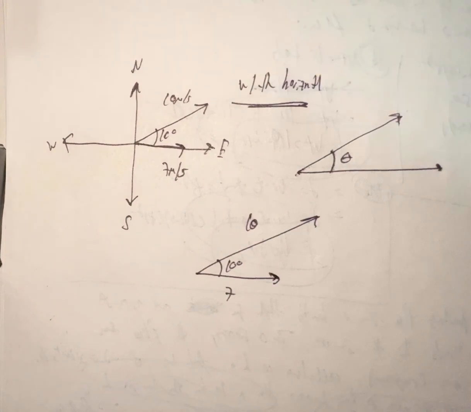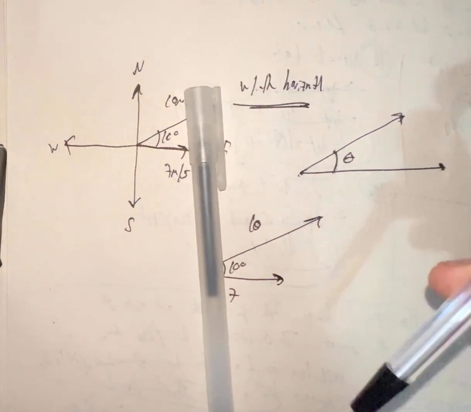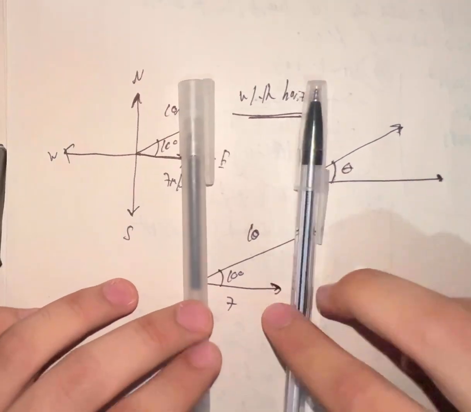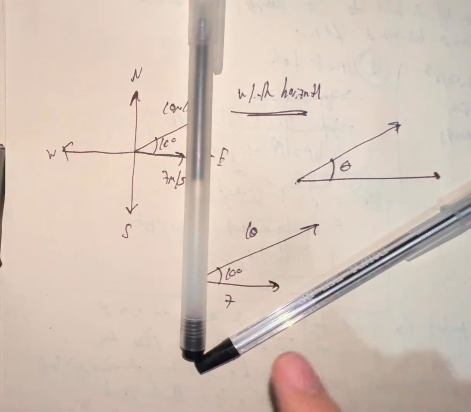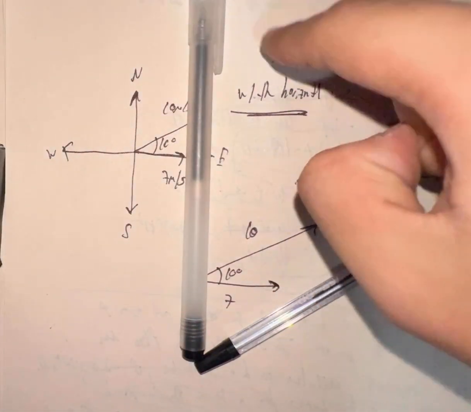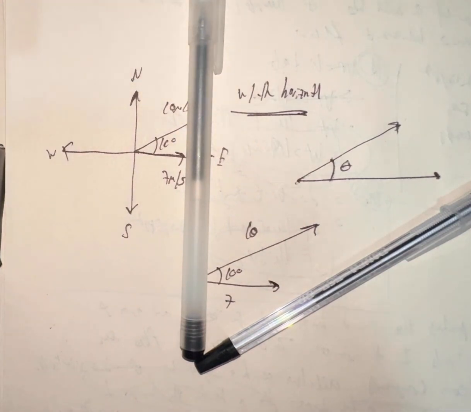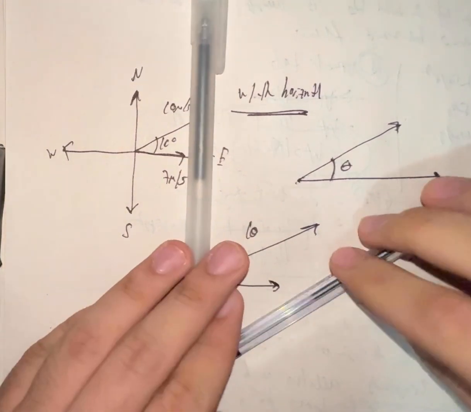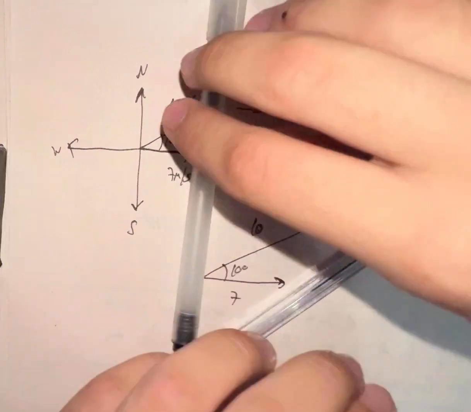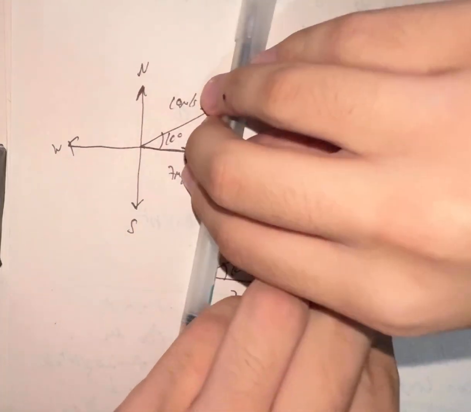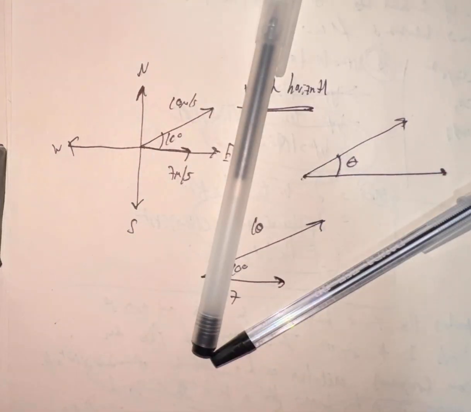So when it comes to translating vectors, let's say these are two vectors and they're connected, something like that. We can translate the vectors like this, but never have the bottoms of the arrows touch each other.